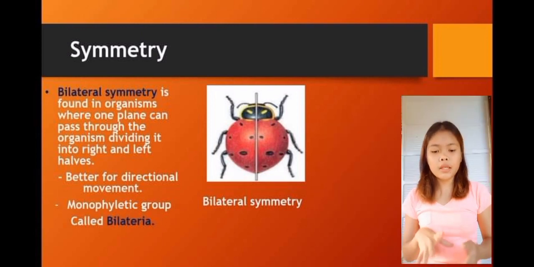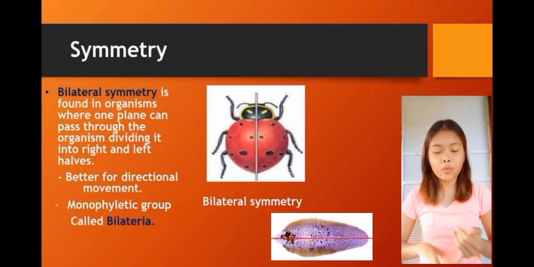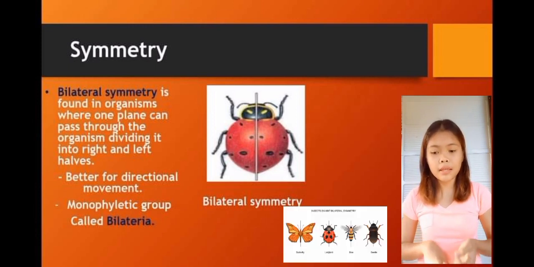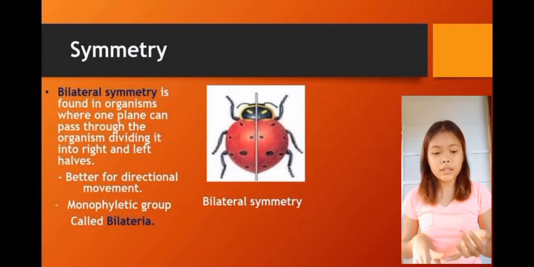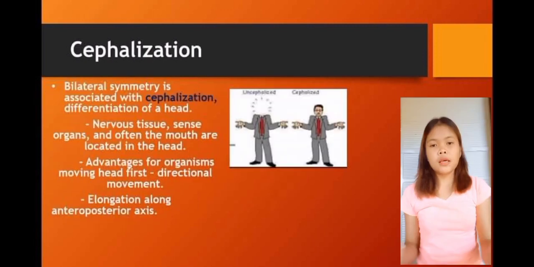Here are also examples of animals that possess bilateral symmetry. These are flatworms, clams, insects, spiders, brachiopods, crustaceans. Those are bilateral symmetry because they are divided along a plane that splits the body into right and left sides that are mirrors of each other.